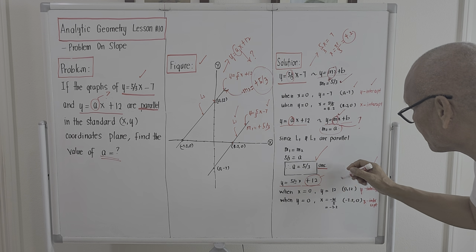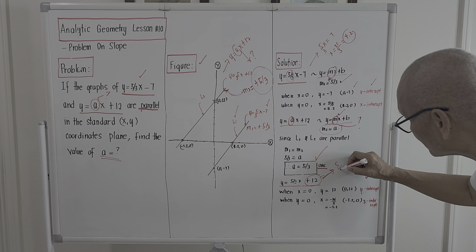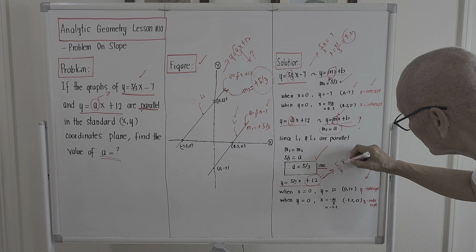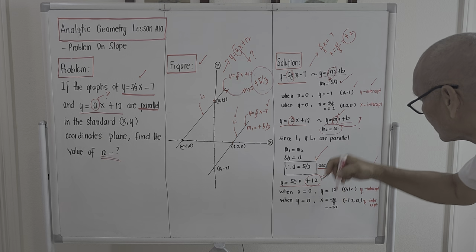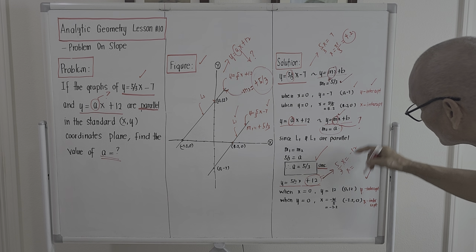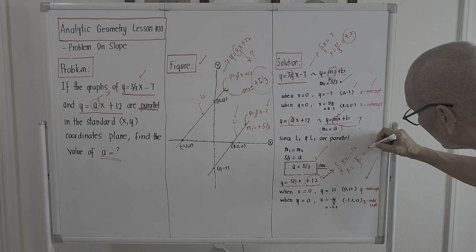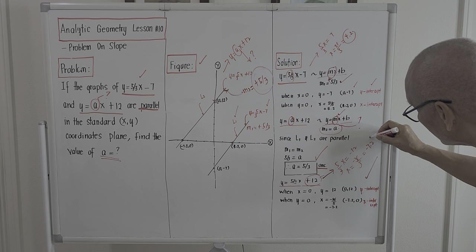So we will be placing here, when y is 0, 5/3 x equals, we'll transpose this to the right, negative 12. So x now will be 3 times negative 12, which is negative 36, over 5, and that will be negative 7.2.